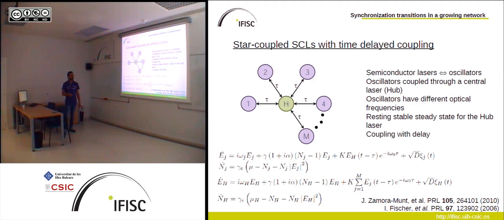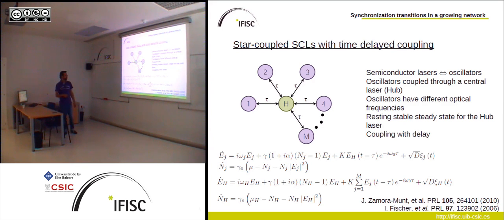And a term of Gaussian white noise, non-correlated, representing the spontaneous emission of the semiconductor lasers. And the other equation is for the carrier number of the semiconductor with a pump current mu and the term of spontaneous and stimulated recombination of carriers.